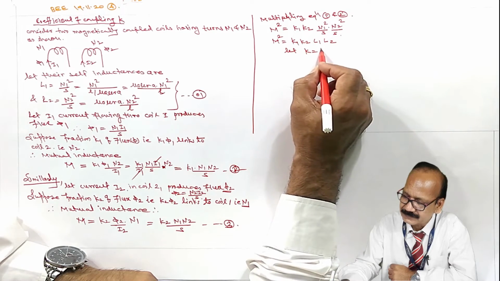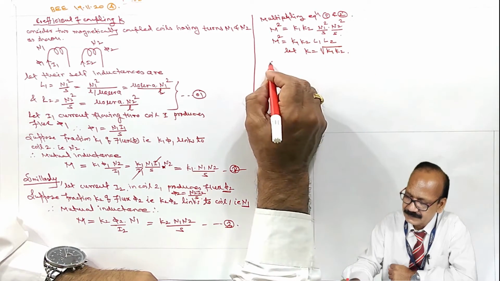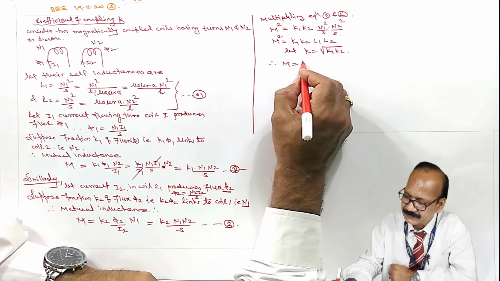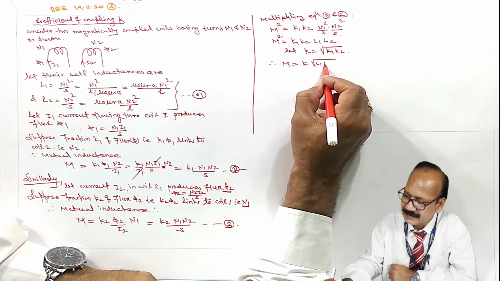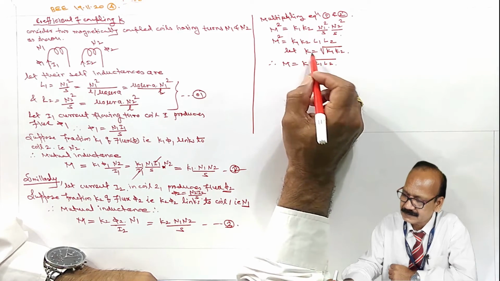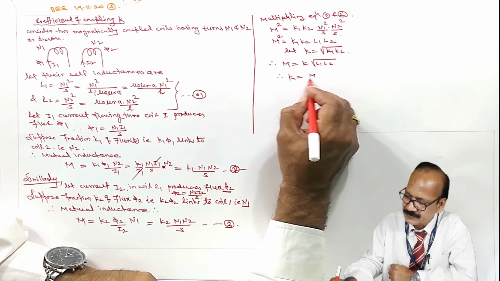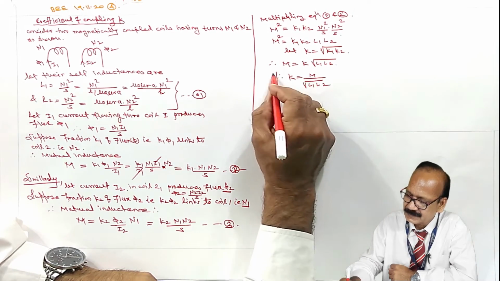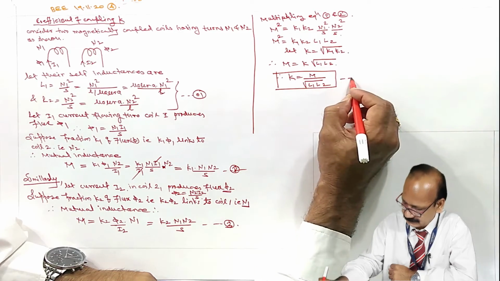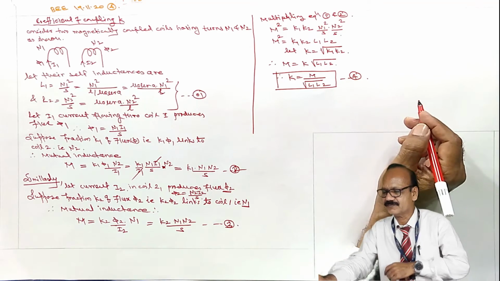Let K equal to square root of K1 K2. Therefore M equal to K square root of L1 L2. Therefore K equal to M upon square root of L1 L2. So this is the expression for coefficient of coupling.